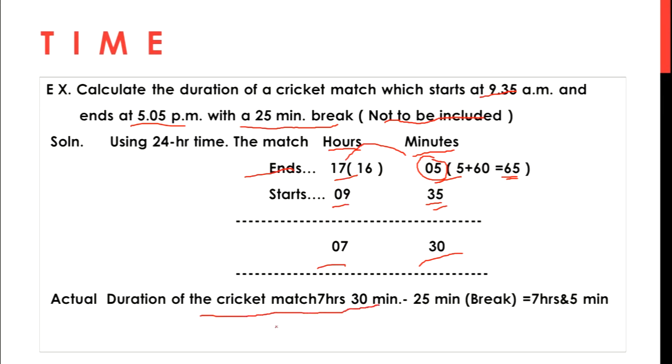Now again he has given one more twist in this problem. He has given you a 25-minute break and is asking you the actual time of the cricket match. So subtracting the 25-minute break from 7 hours 30 minutes, the actual playing hours were 7 hours and 5 minutes.